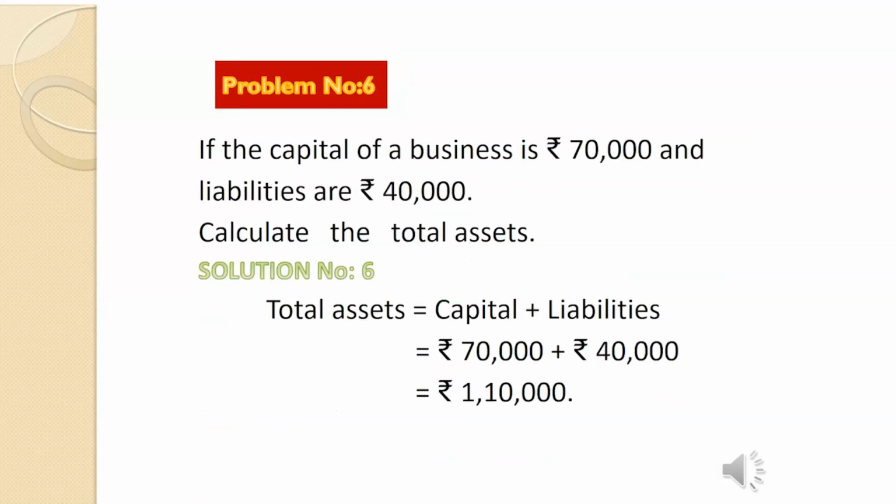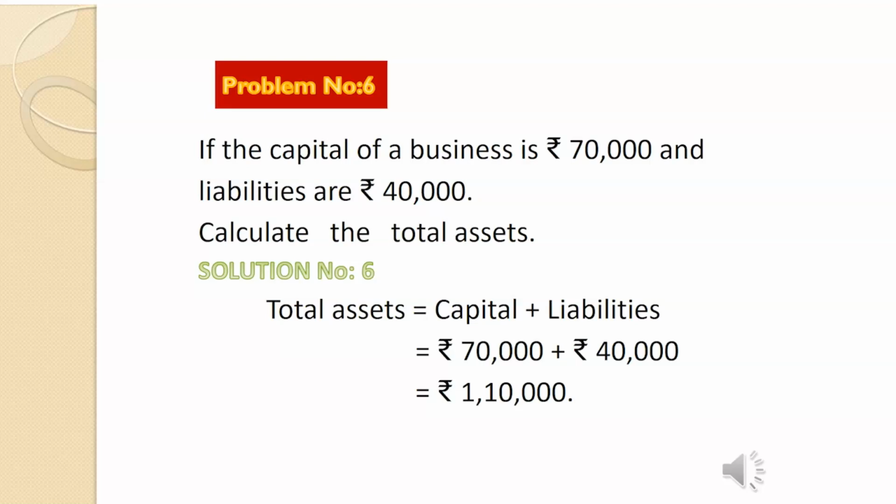The next one: here also they ask to calculate the total assets. If the capital of a business is rupees 70,000 and liabilities are rupees 40,000, calculate the total assets. Now you have to apply the equation. Total assets is equal to capital plus liabilities.